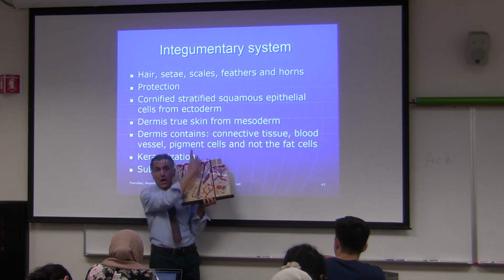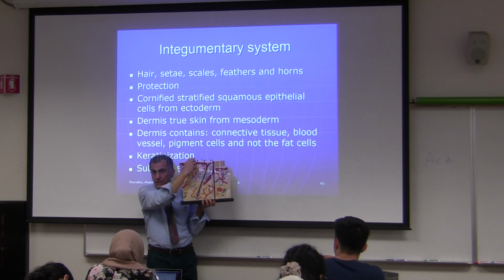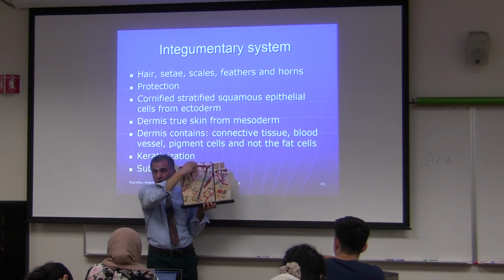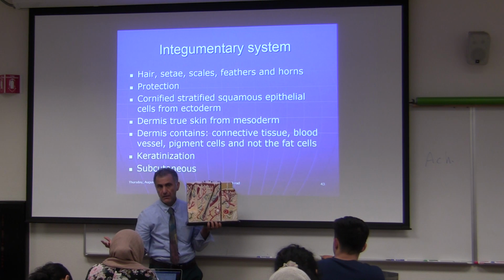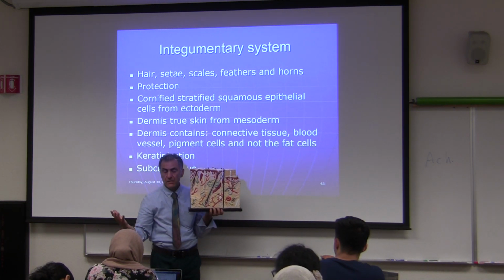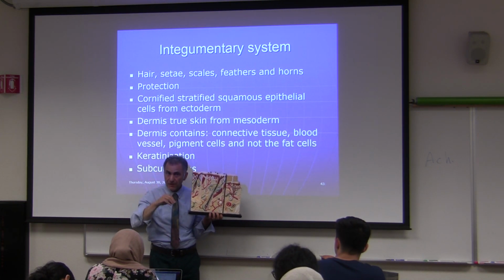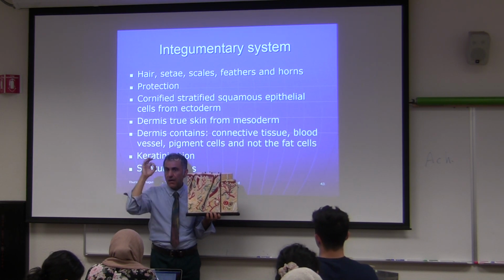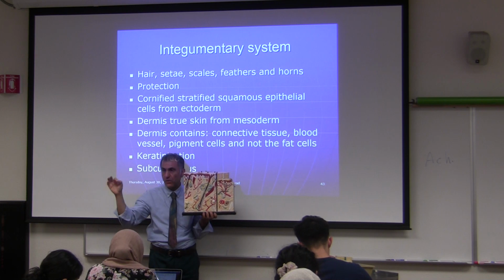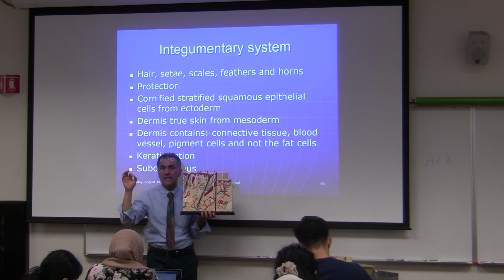They push them to the top, right? So when they get to a level on top, the cells die. When the cells die, what is left of them is just a protein molecule. That protein molecule is referred to as keratin.